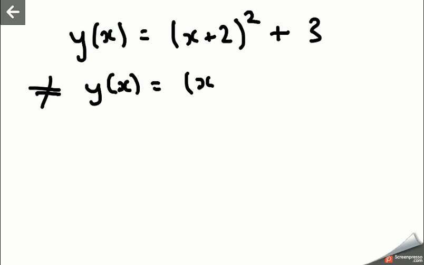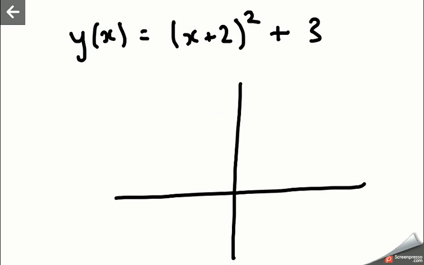Let's go ahead and actually draw the thing. So here's our x-axis, here's our y-axis. Well, x plus 2 squared tells me that we're going to shift to the left by 2. So that's where our turning point is, where x equals -2, somewhere along this dotted line.